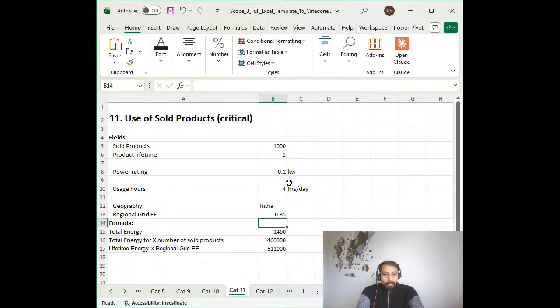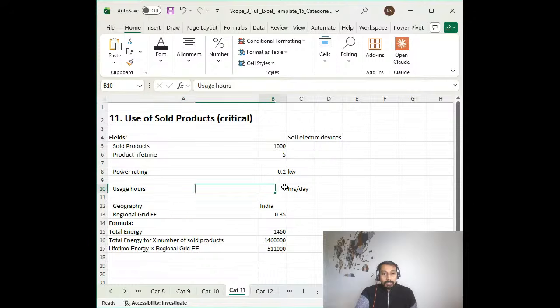The regional grid emission factor for India will be 0.35. So here you can see that the company has sold 1,000 electric devices, maybe TVs, appliances or any kind of electric devices, and the product lifetime will be 5 years. So as a company, they have to count 5 years of emissions. Power rating for one appliance is 0.2 kilowatts.